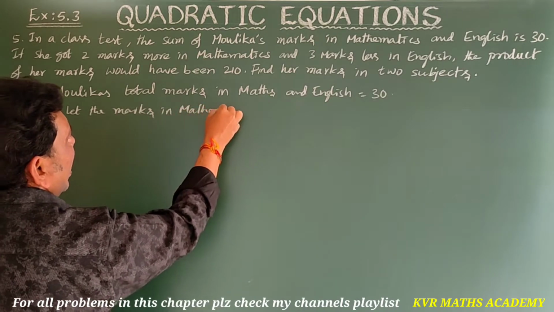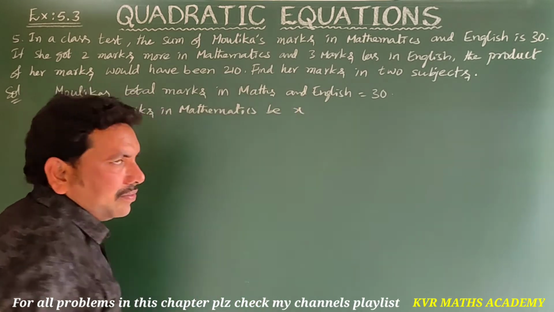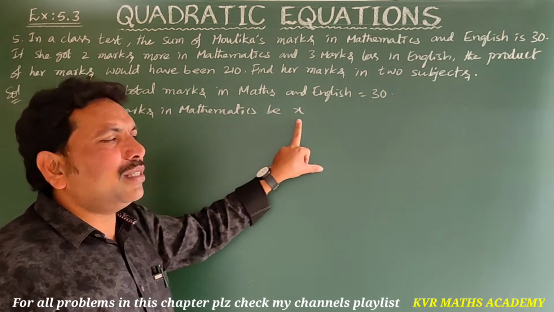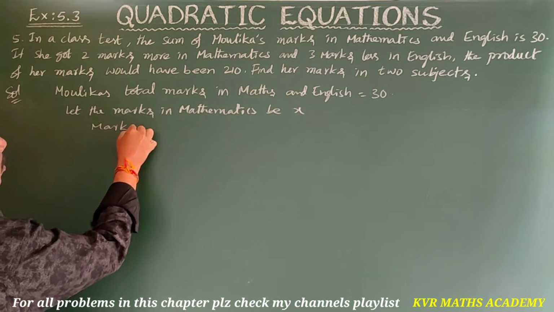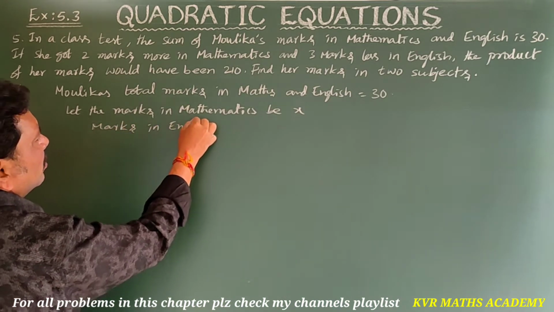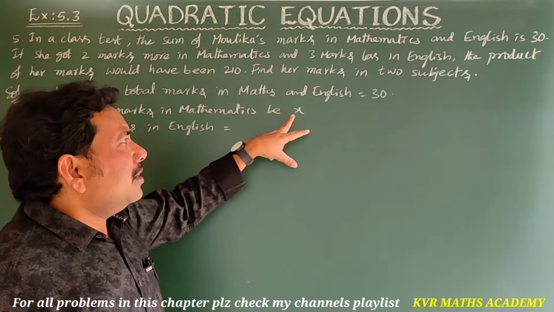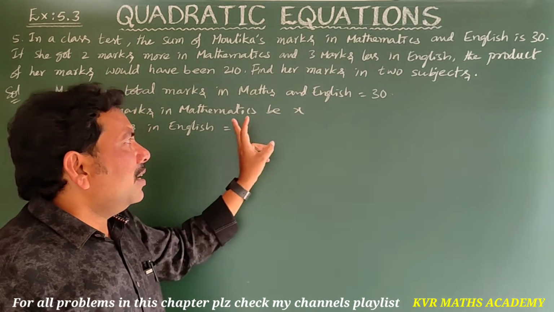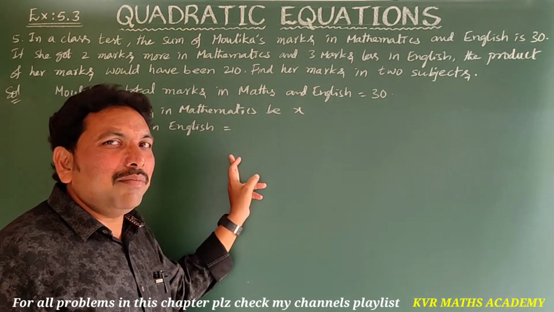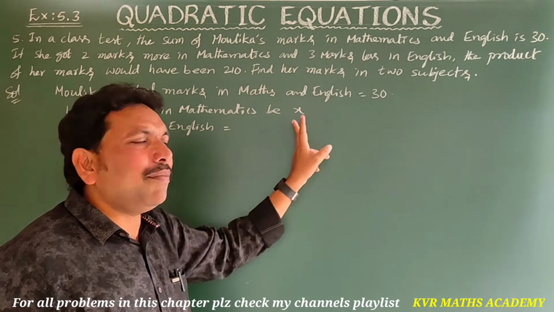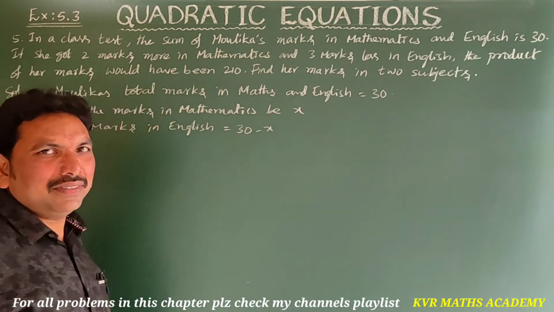Let the marks in mathematics be x. Now marks in English will be how much? Total marks is 30, marks in mathematics is x, then marks in English is equal to 30 minus x.